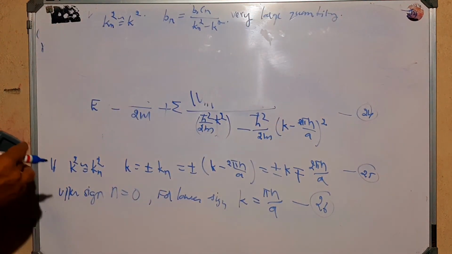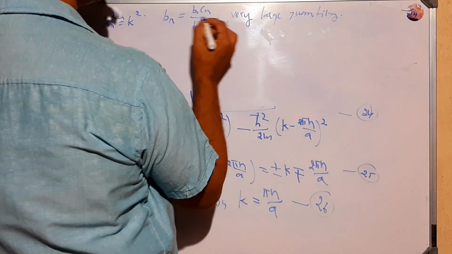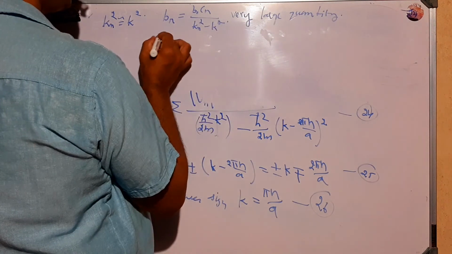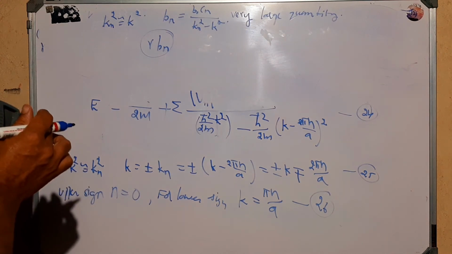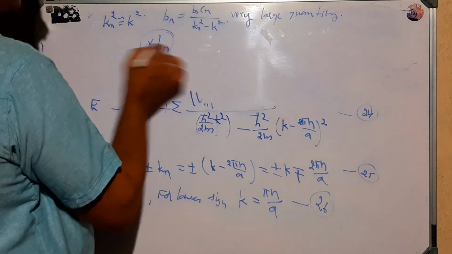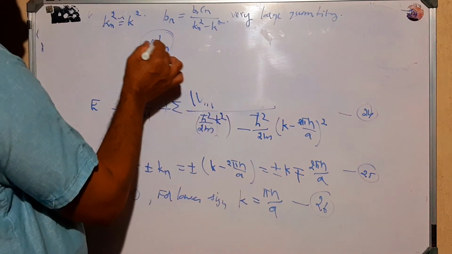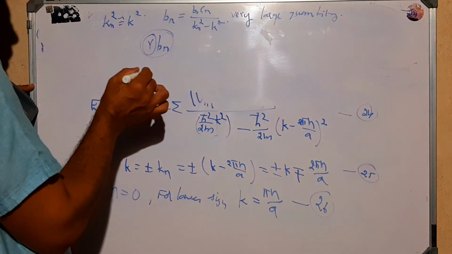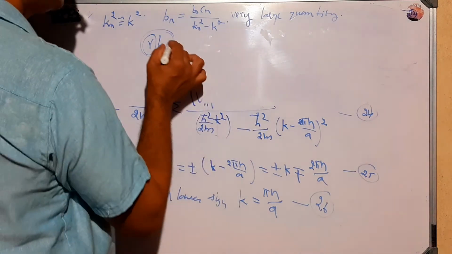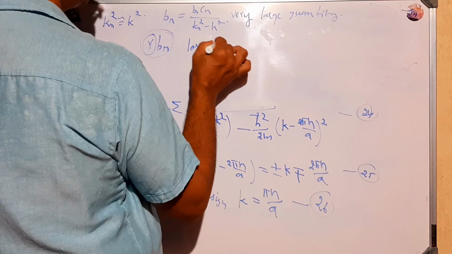So what happens when it becomes a very large quantity? Gamma into Bn, this expression we are observing in our equations. Even though gamma is small, Bn is an extremely large quantity, so gamma into Bn is also a large quantity.